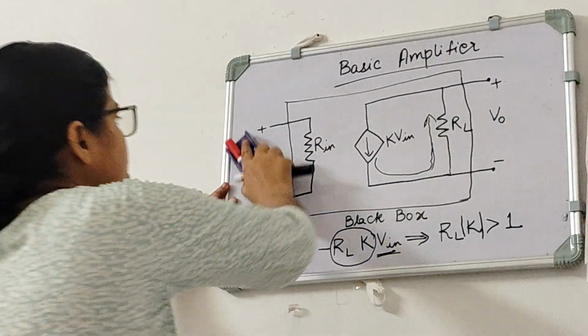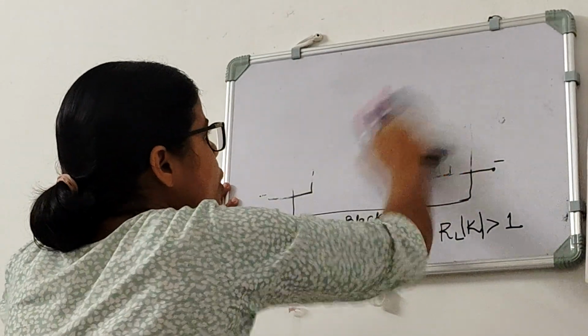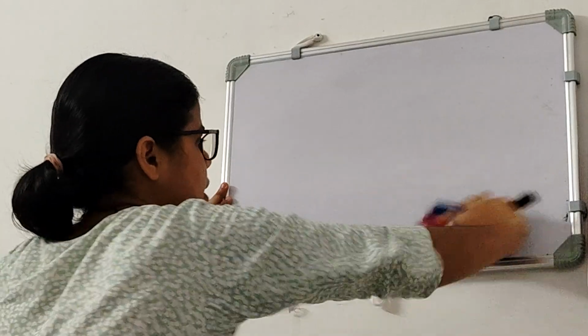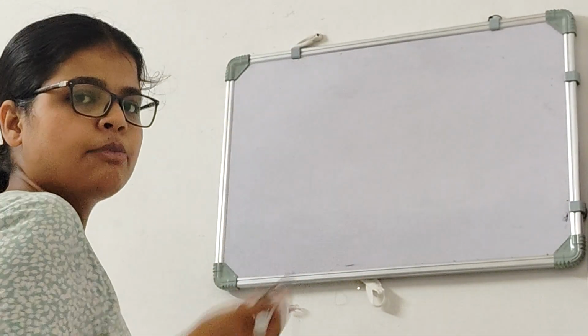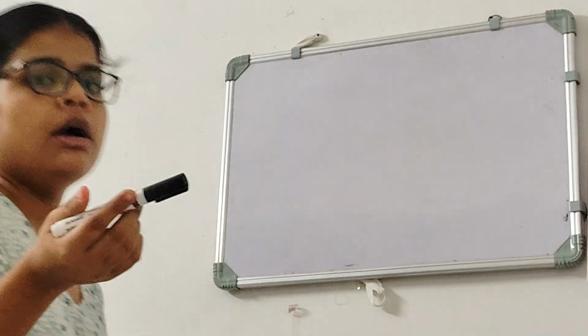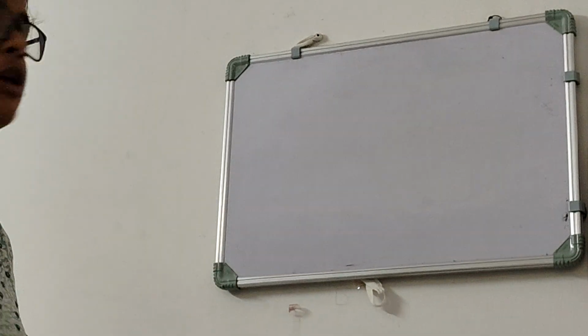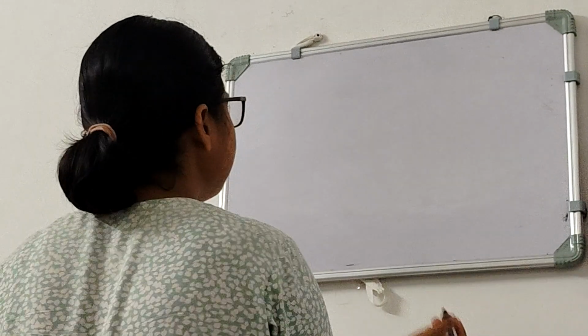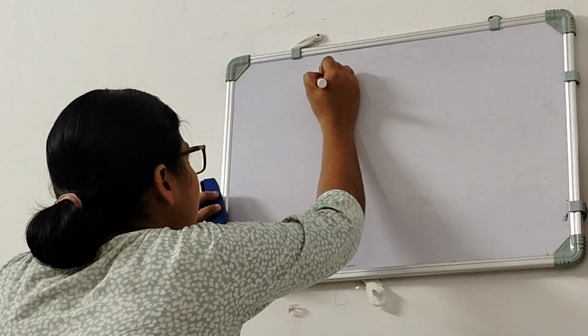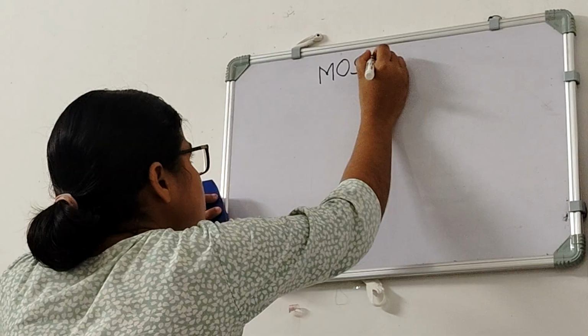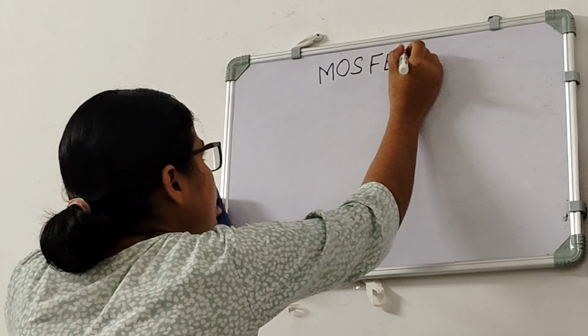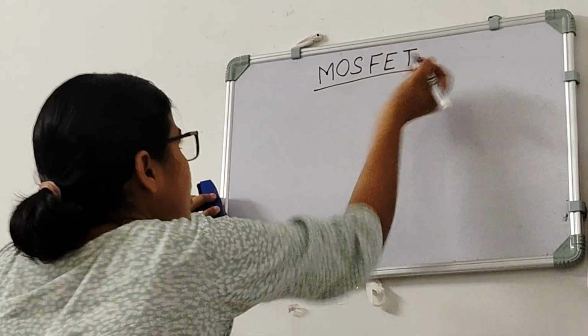Now yesterday I was saying we are going to study MOSFET, but yesterday I just thought, why do we need to study MOSFET? So today we will first see MOSFET. We will first see its name, like why it is so.